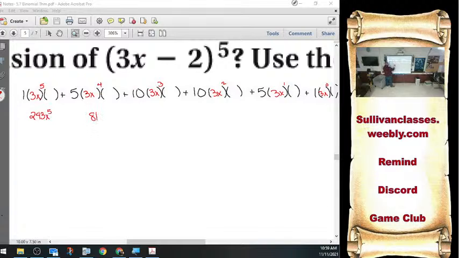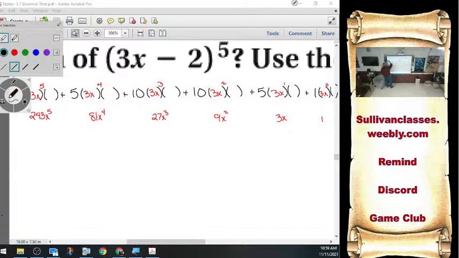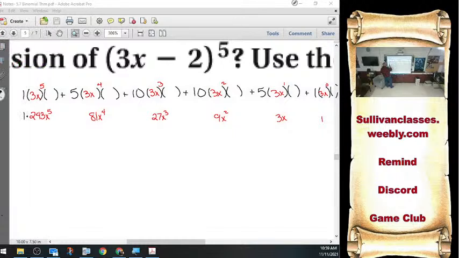Here's a 81, x to the 4th. Here's a 27, x to the 3rd. Here's a 9x squared, a 3x, and a 1. 1 times plus 5 times plus 10 times plus 10 times.